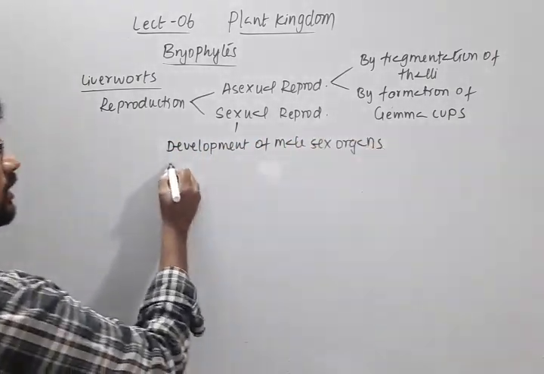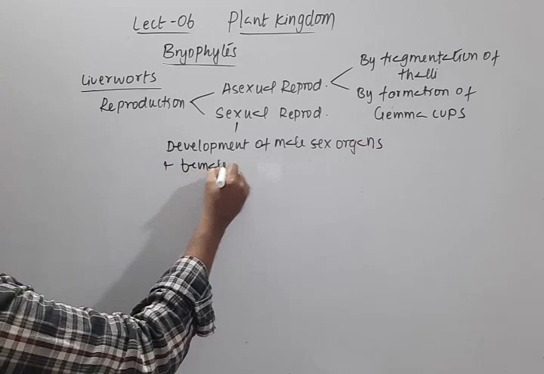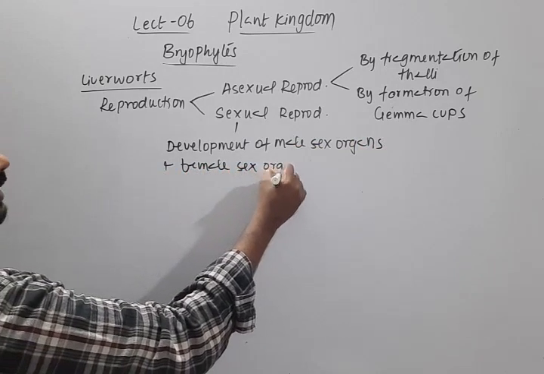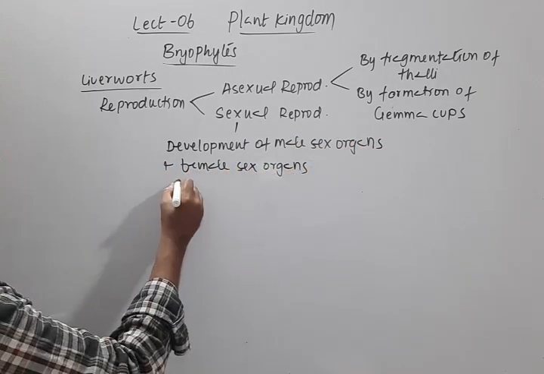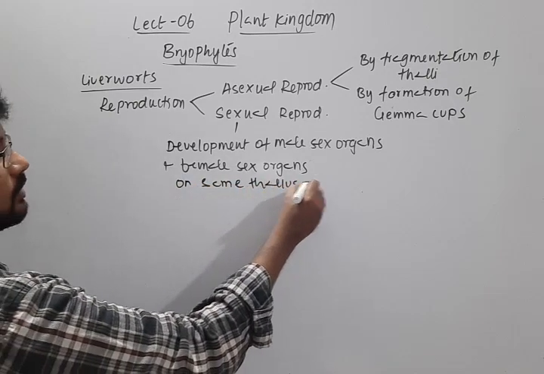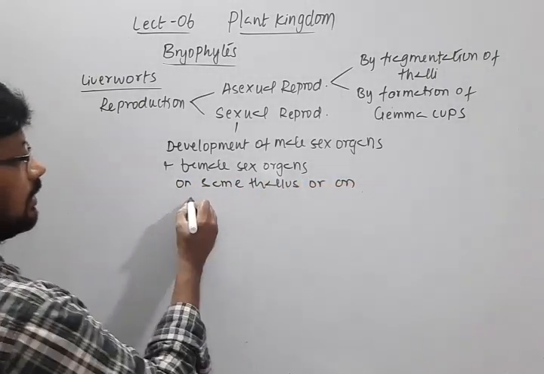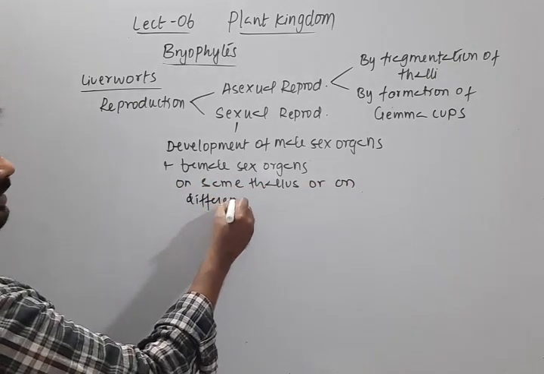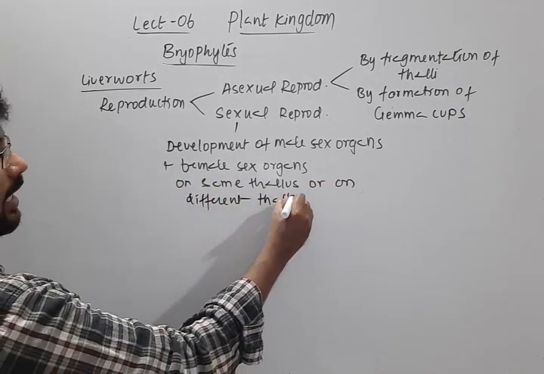In sexual reproduction, there may be development of male sex organs and female sex organs on the same thallus or on different thalli.